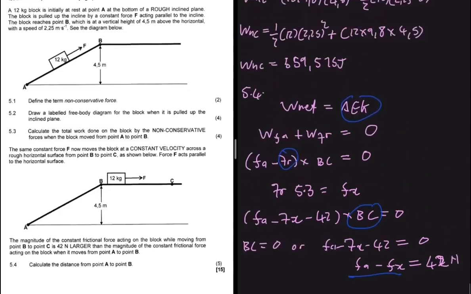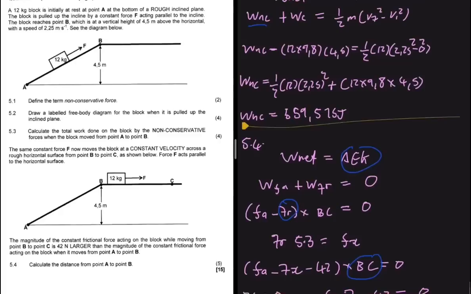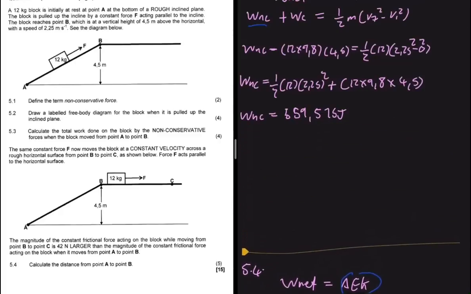Let's go back to 5.3 so that I can show you something. Here in 5.3, we ended up saying that the work done by non-conservative forces is equal to 559.575 joules. The non-conservative forces are the frictional force, Fx, and the applied force, Fa.